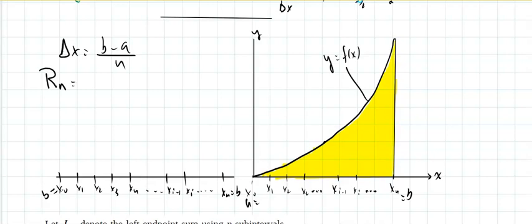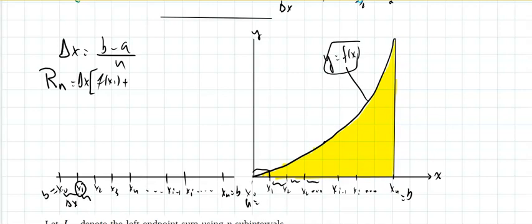If I'm doing right-hand approximation, wouldn't that be delta x times the right-hand height? They're all going to be delta x, all of these are equal, so I just factor that out. It's going to be f of x sub 1, whatever f of x is. If it's x squared, then it's x squared.